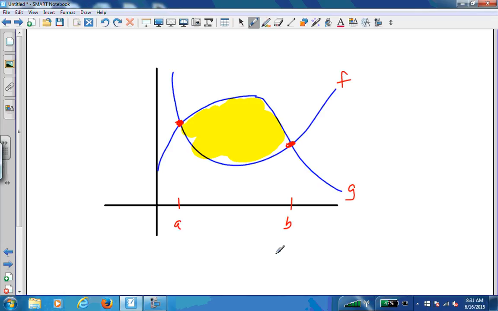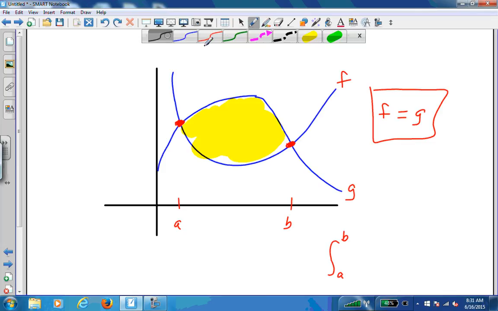But if those are not specifically given to us, then notice those 2 points are where f and g are the same. So in order to find the edges of our interval, we'll set our two functions equal to each other, solve, that'll give us those 2 points, and then we'll use those for our lower and upper limits.